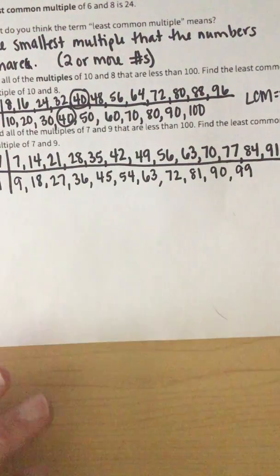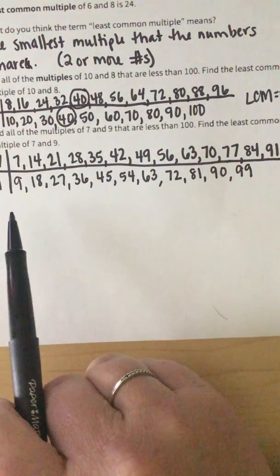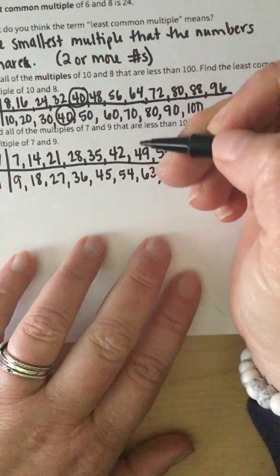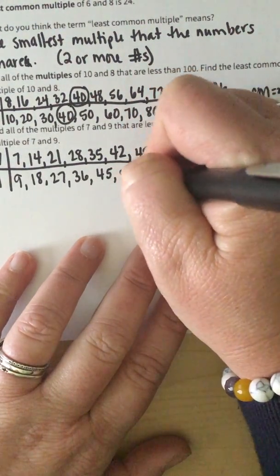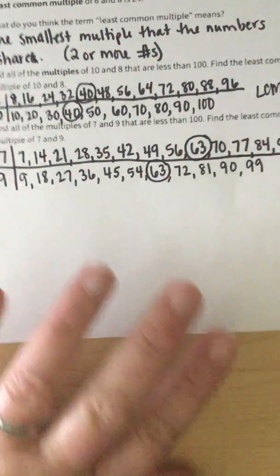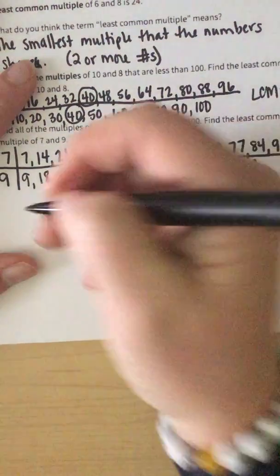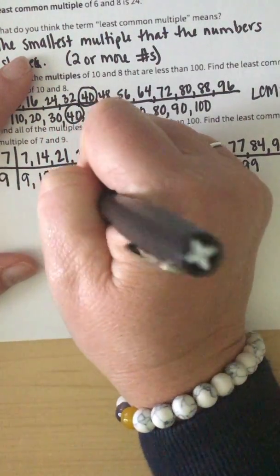So then we have to find the LCM. So we're looking for the smallest number that is in both lists. And it looks like our smallest number is actually 63, which doesn't seem like that small, but that is the smallest number that is the same between both of them. So your LCM for 7 and 9 is 63.